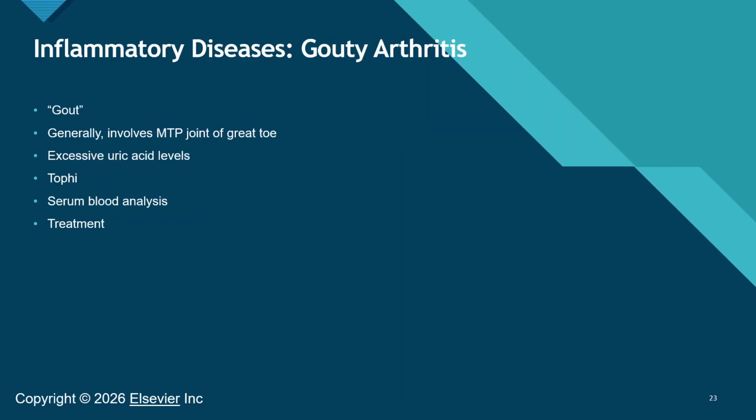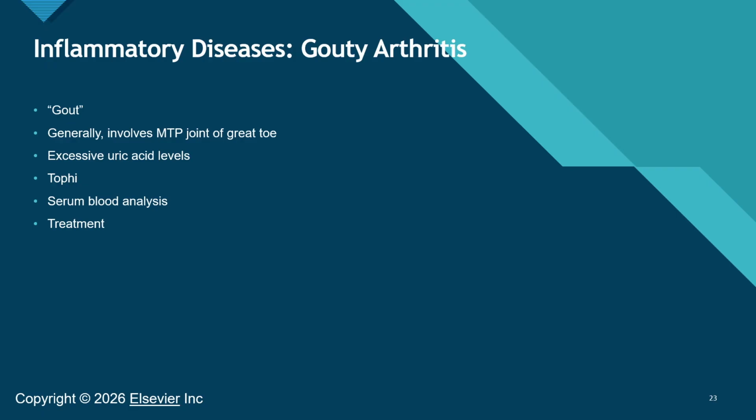Gouty arthritis is an inherited metabolic disorder with excessive amount of uric acid produced and deposited in the joint and adjacent bone. It is most commonly located in the MTP joint of the great toe. It occurs more frequently in males and results from a combination of genetic, constitutional, and environmental factors, and may occur in patients placed on long-term diuretics.